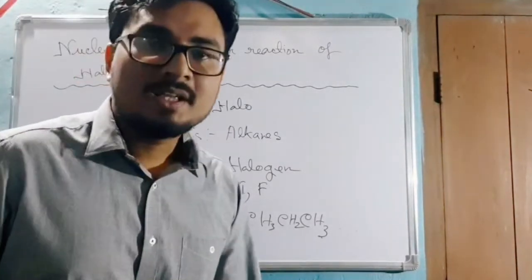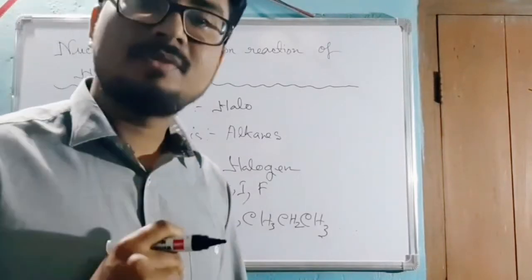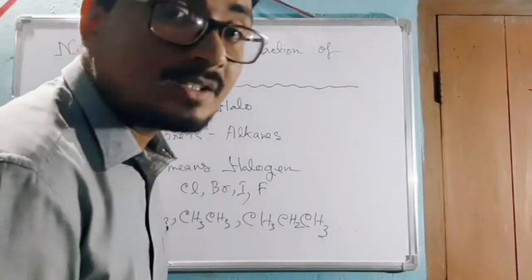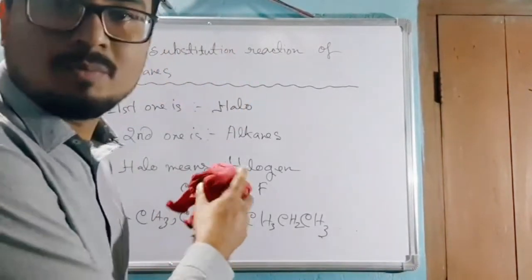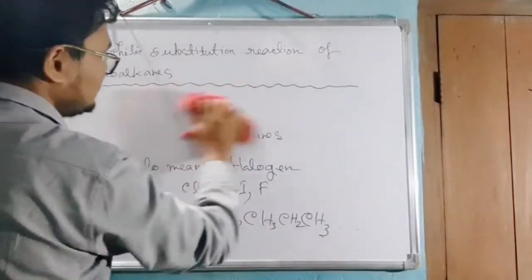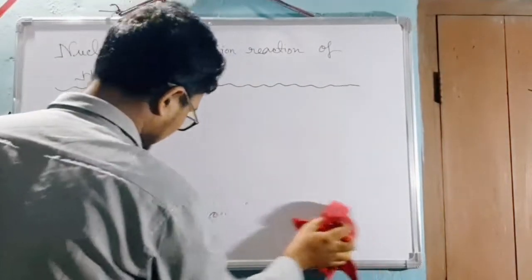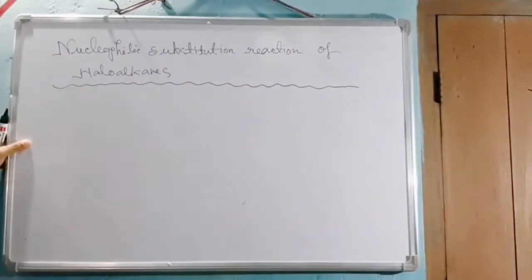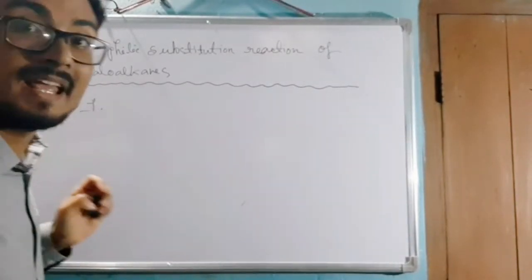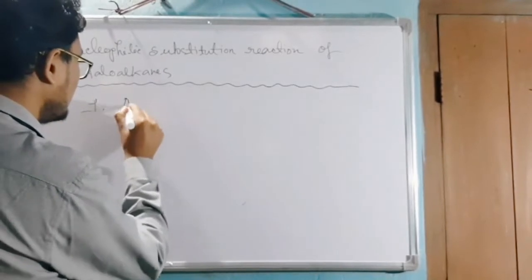in organic chemistry, there are 4 types of reaction. What are the types of reaction? I am writing on the board, you write it down. Number 1, addition reaction.